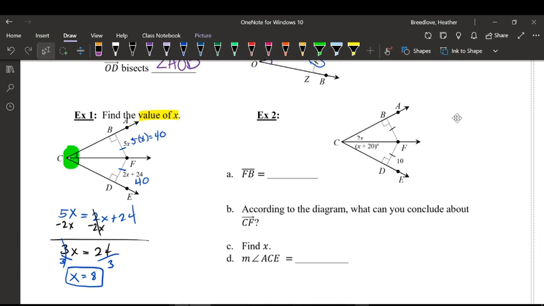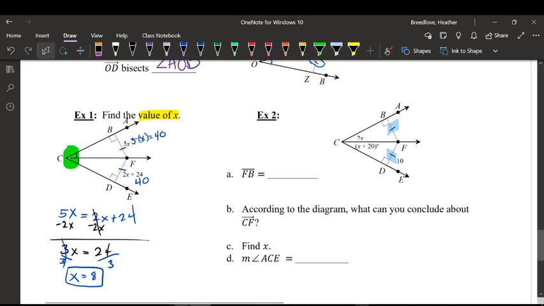All right, that's when you're given the angles are congruent. In example 2, you're not given that the angles are congruent, but you are given that the distances between the point and the sides of the angle are congruent.